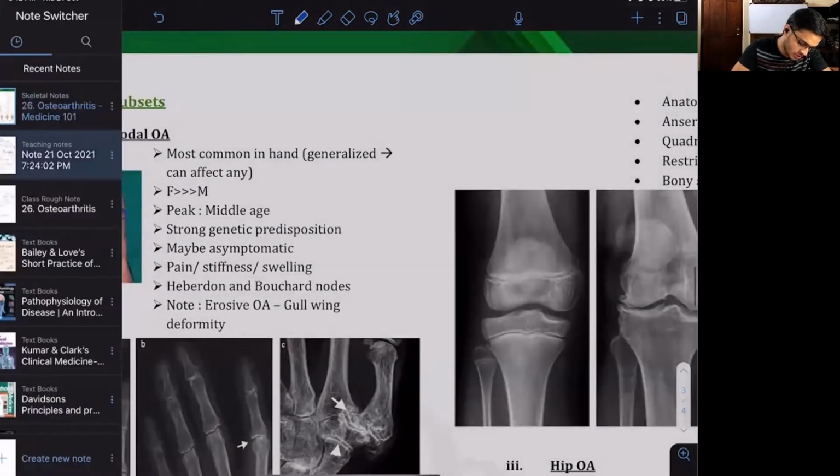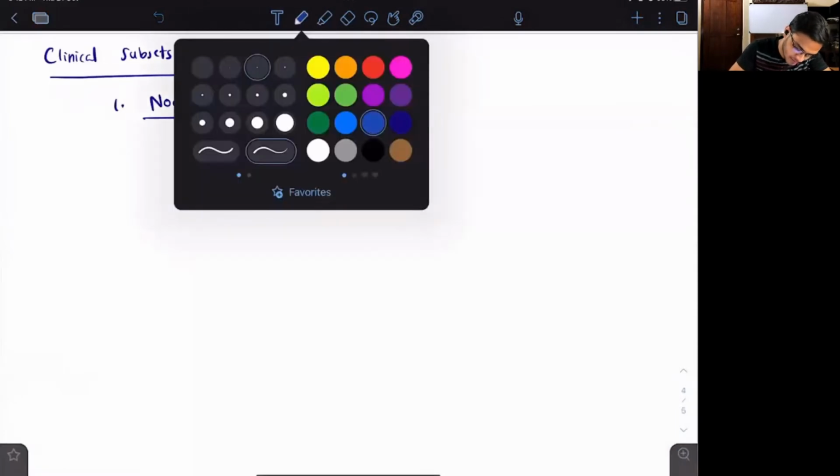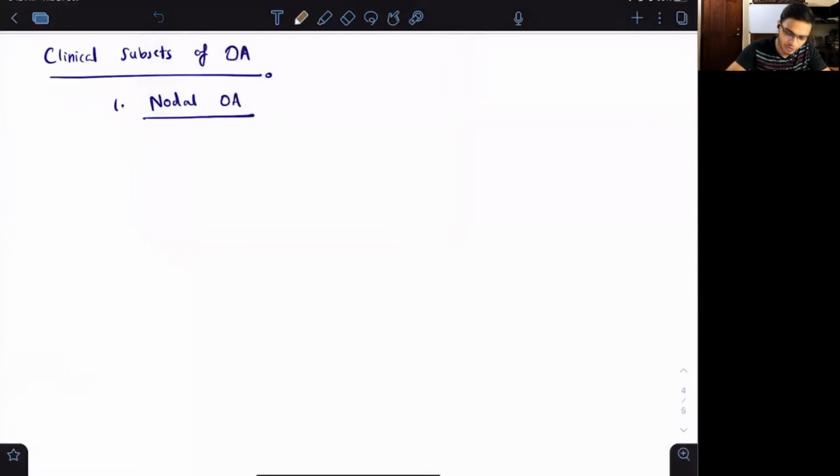Let's take a look. Let's draw a small hand. So y'all can draw with me something like this. Okay, these are some carpal bones. This is our thumb.